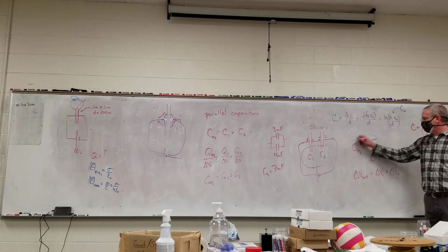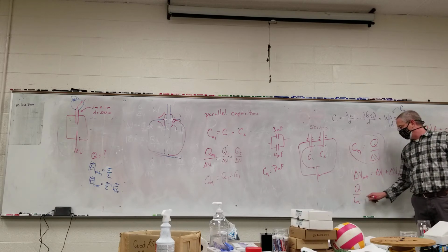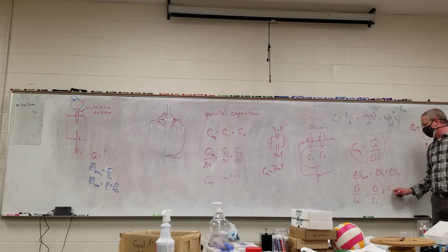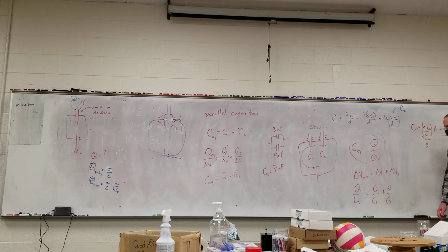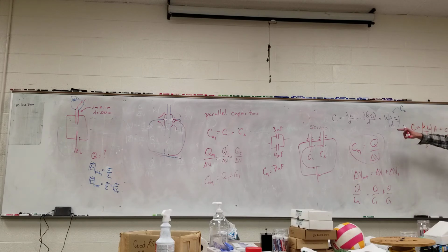If I solve for delta V in this equation, I get Q over the equivalent capacitance is equal to Q over capacitor 1 plus Q over capacitor 2. All the Q's are the same for the reason outlined here. And so in the case of series capacitors, 1 over the equivalent capacitance is equal to 1 over capacitor 1 plus 1 over capacitor 2.